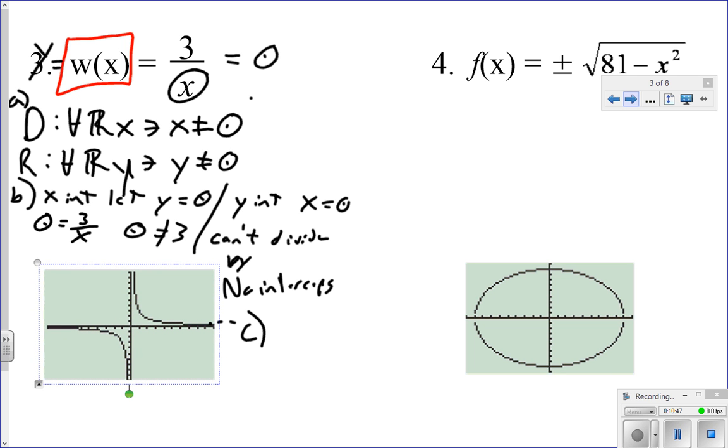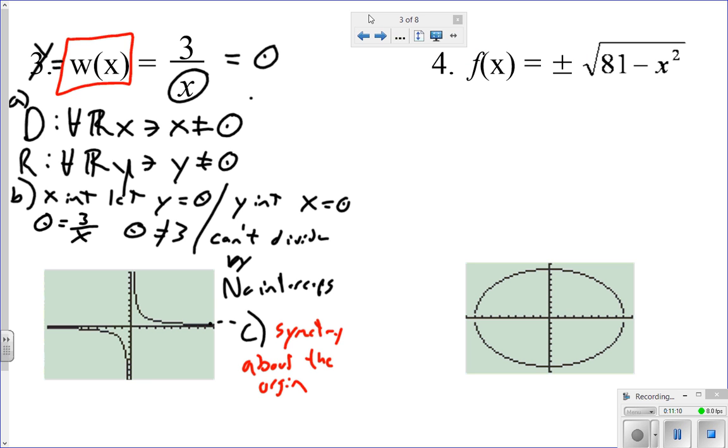So that's what we call symmetry about the origin.